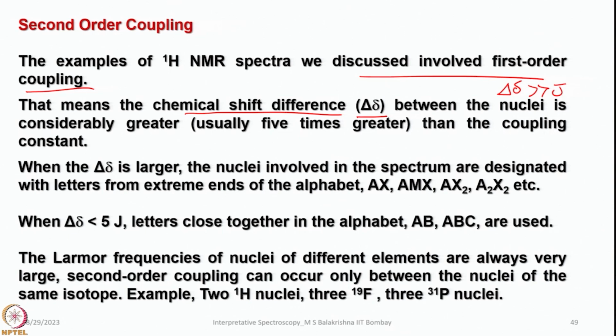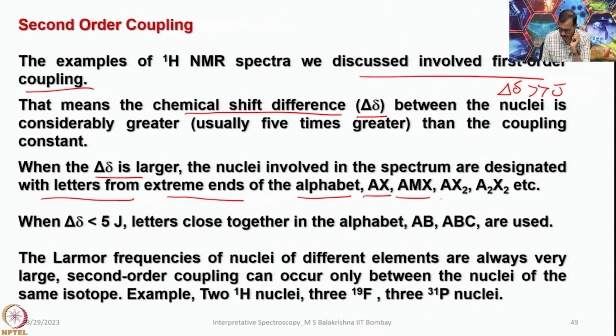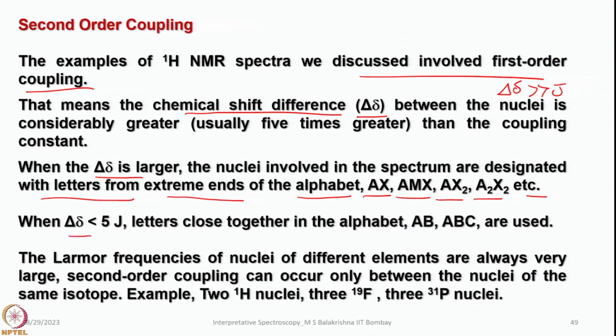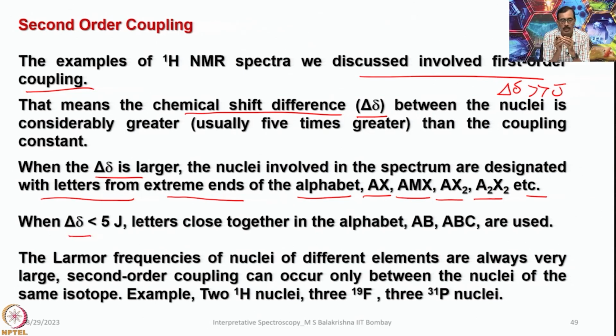That means when delta nu is larger, the nuclei involved in the spectrum are designated with letters taken from the extreme ends of the alphabet. AX we come across, AMX, AX2, A2X2, etc. When delta nu is less than 5J, that means the chemical shift difference is much smaller than the coupling constant, then for such a system we use letters close together in the alphabet, for example AB, ABC, A2BC, something like that.